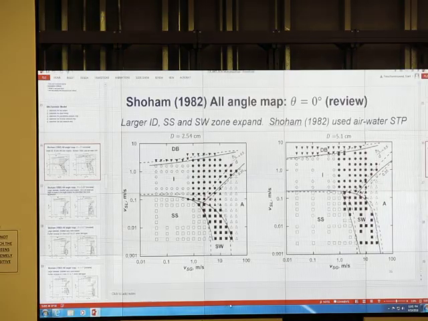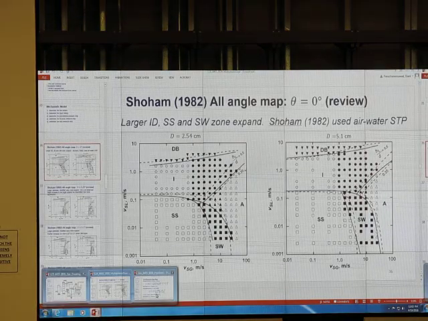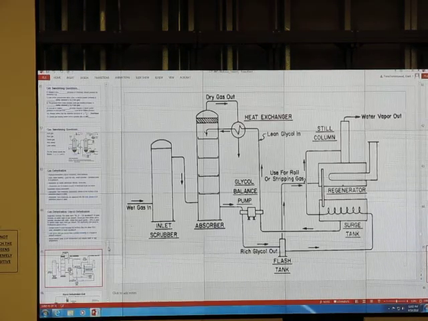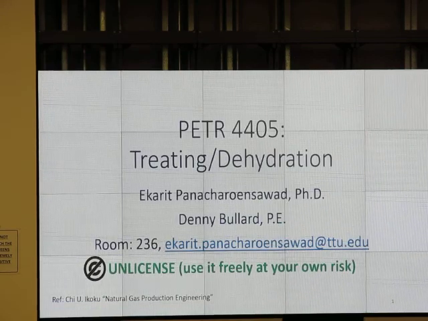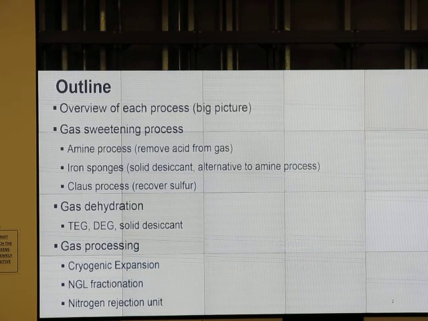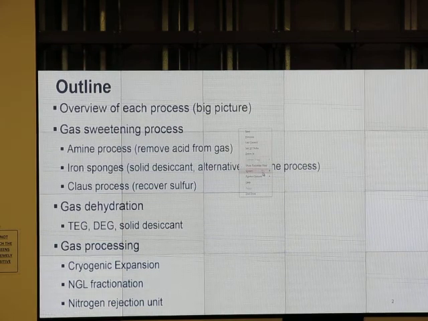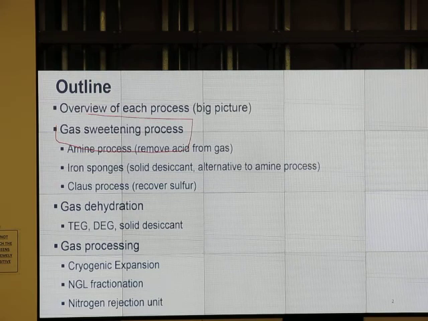No more questions? Okay, let's move on. The next one is gas treating and dehydration. To treat the gas, there are two main processes that you should know for the exam: gas sweetening and gas dehydration.